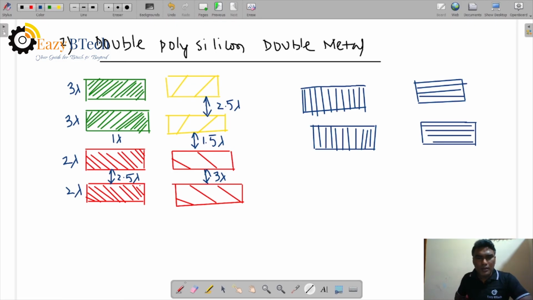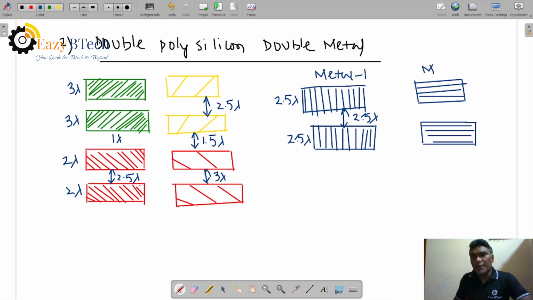Let us see the representation. It is 2.5 lambda, metal 1, 2.5 lambda length and width. Separation is also 2.5 lambda. Previously it is 3 lambda, now it is 2.5 lambda. Metal 1.